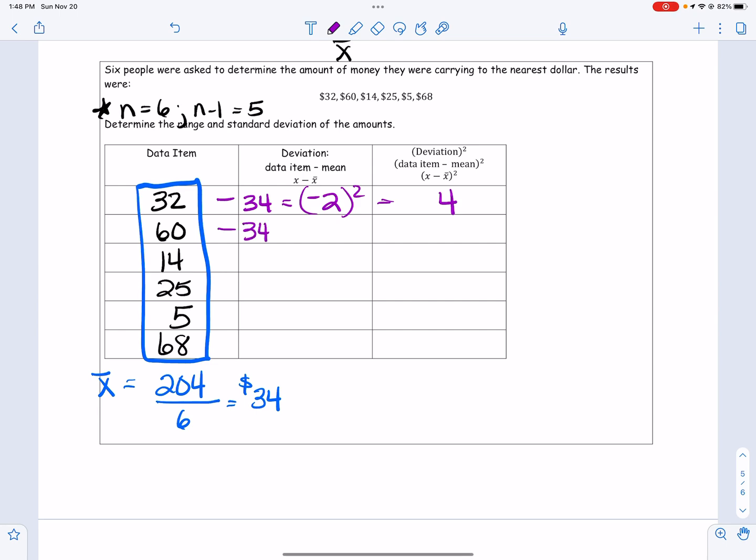Minus 34, that's 26. Squared gives me 676.